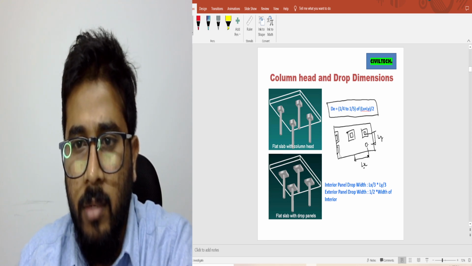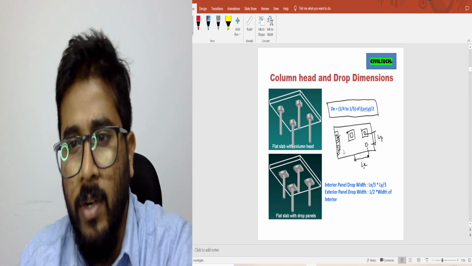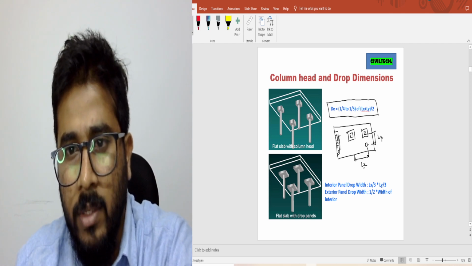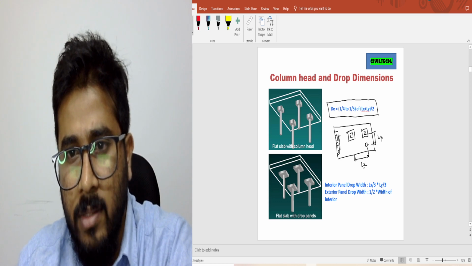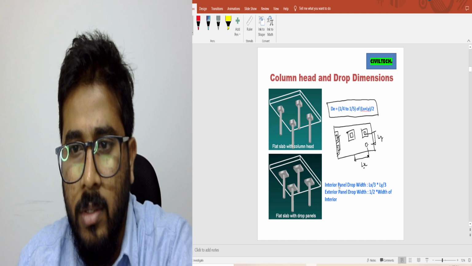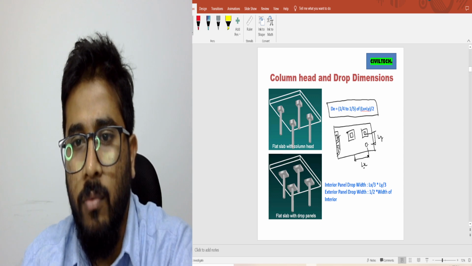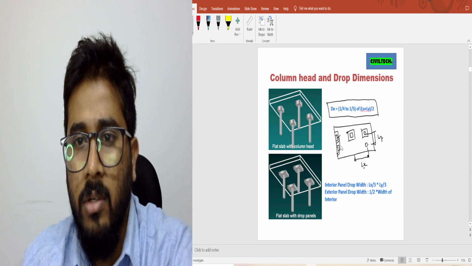The center to center distance of the column divided by half, whatever this center to center distance is, that half you have to consider as the dimension along the y direction.